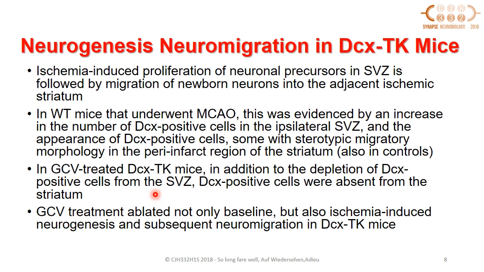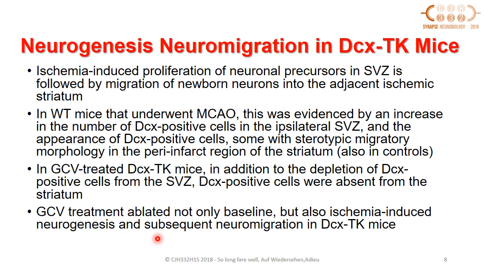We know, for example, in the ganciclovir treated mice that contain thymidine kinase delivered specifically through double Cortin to the migrating proliferating groups of cells, that if we eliminate them, we indeed see no migration, no double Cortin staining at the level of the striatum. Normally we would see some staining there, but in the presence of ganciclovir, we have eliminated them. So our model is still holding up.